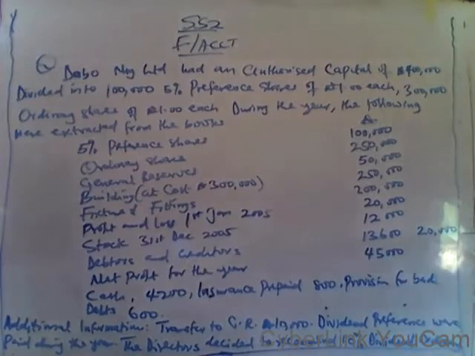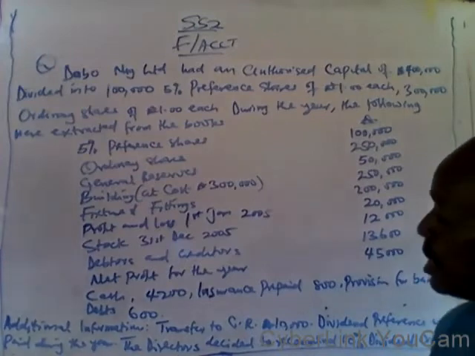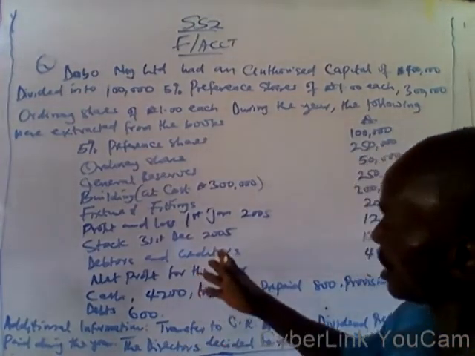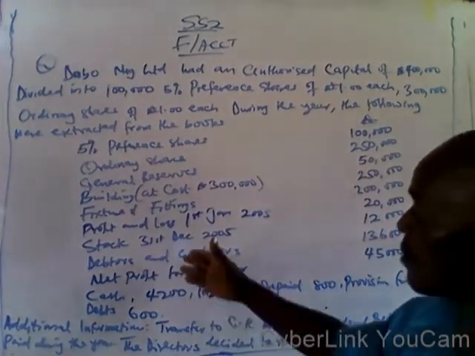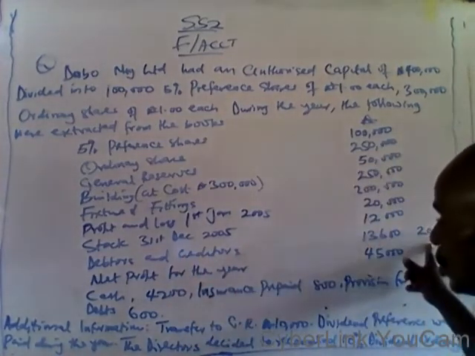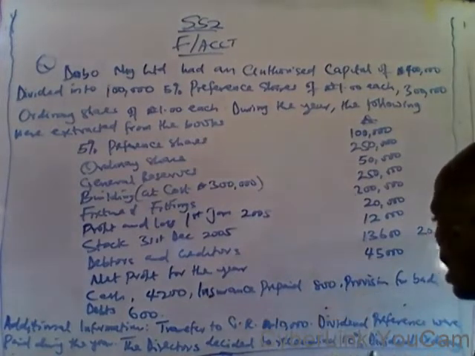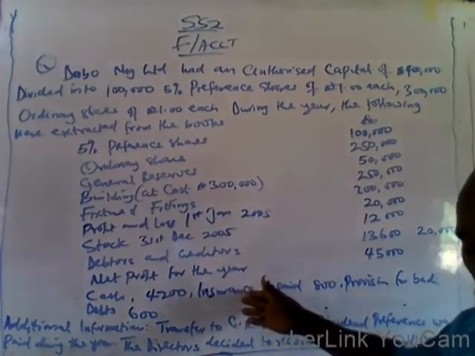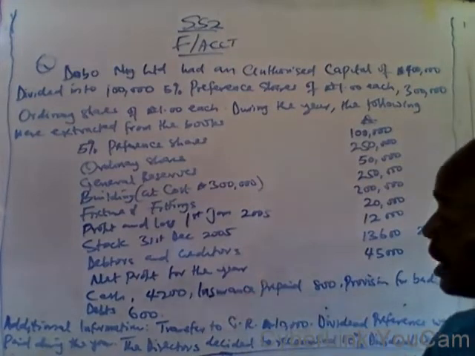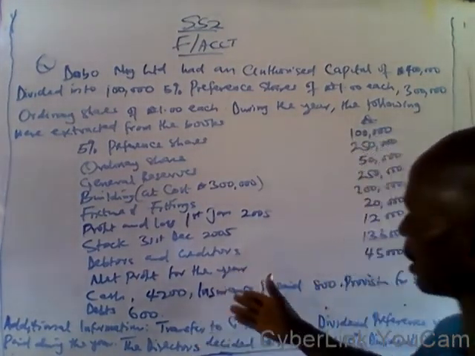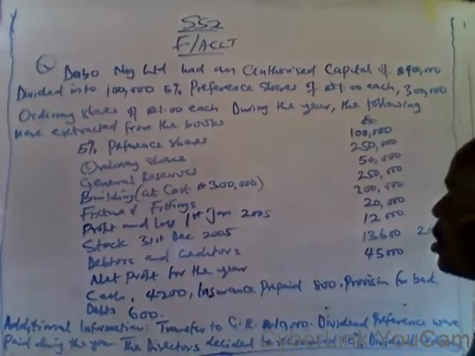The next one is current liability. The type of current liability we have here is the creditor, and you check the additional information. If accrued expenses is not given, you jump that one and move on to the dividend.